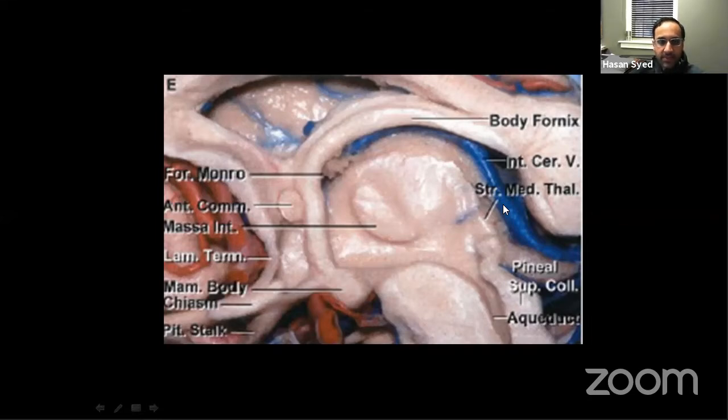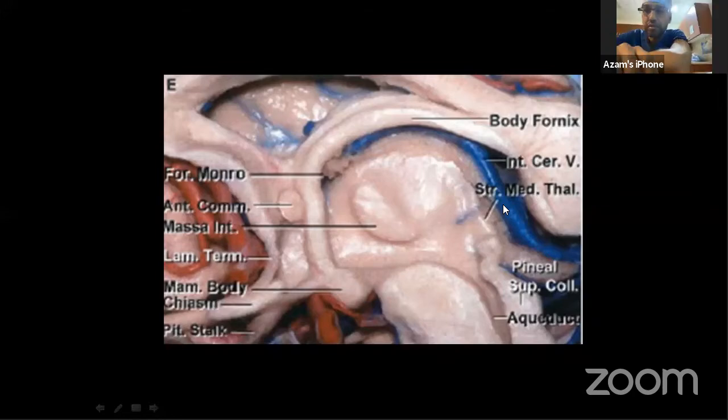Sometimes it can occur even more posterior, and that's called the false angle. In those cases that can be utilized in a transchoroidal approach into the third ventricle, and you can take advantage of that through the choroidal fissure. Just something to note as well.